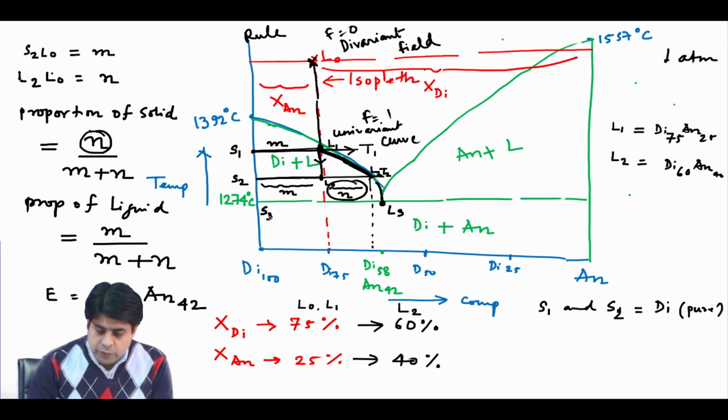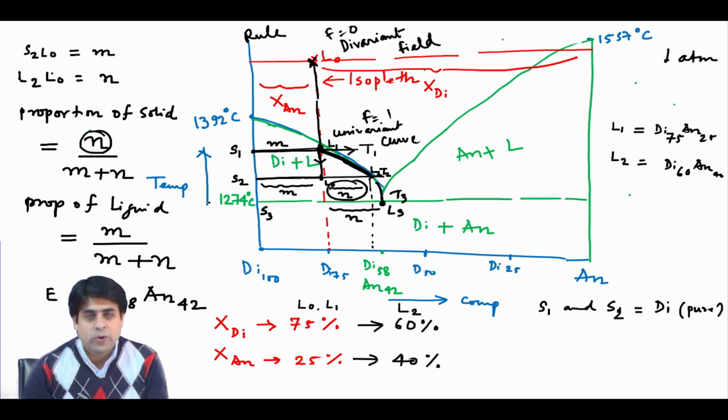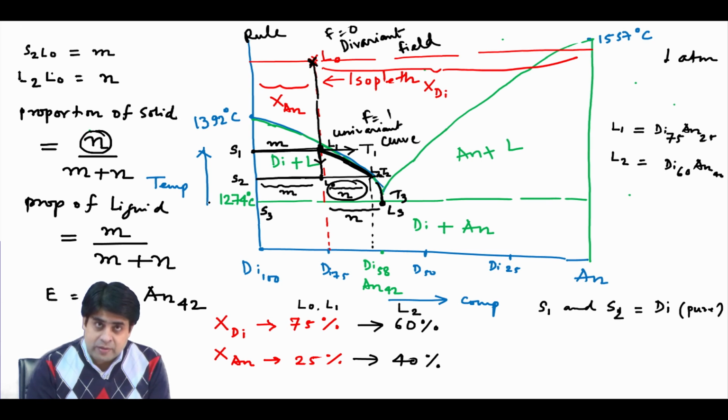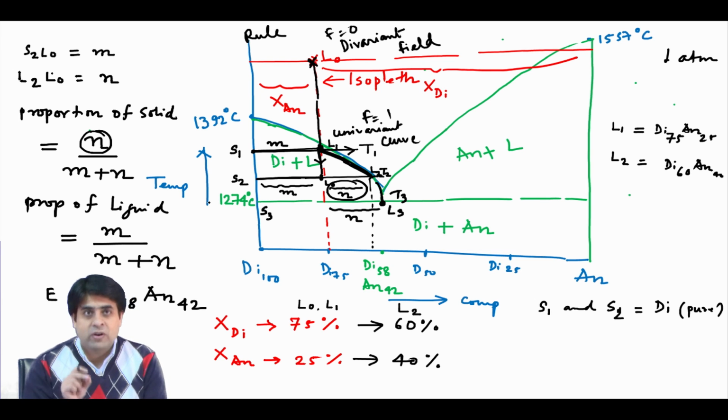But if you see, your proportion n is even more when you come from this T2 to, for example, this one is your T3, which is equivalent to 1274 degrees C. So, at T3 you have L3 and L3 is coexisting with S3, and at this point you do not have any anorthite, you just have diopside.